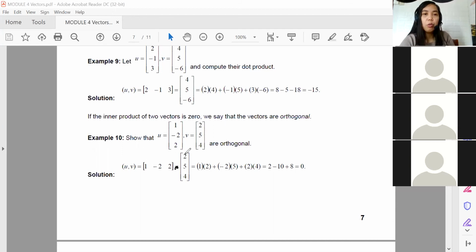So 1 times 2 plus -2 times 5 plus 2 times 4. So 1 times 2, it's 2. -2 times 5, it's -10. 2 times 4, it's 8. So 2 minus 10, it's -8 plus 8. The answer is 0. So therefore, this is orthogonal because, okay, when we get the inner product of two vectors, that is equal to 0.